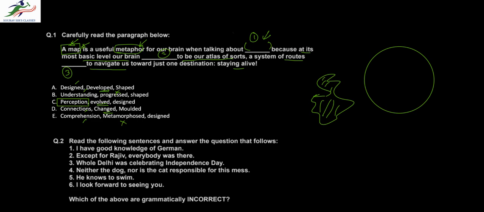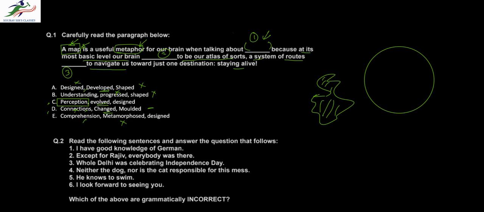Metamorphosed also is not a very good word. So it is either evolved or developed or changed. But we can see that design definitely doesn't come with a map. So this is definitely not there, and progressed is out, and changed probably is competing with option C, but connections definitely doesn't go with a map.